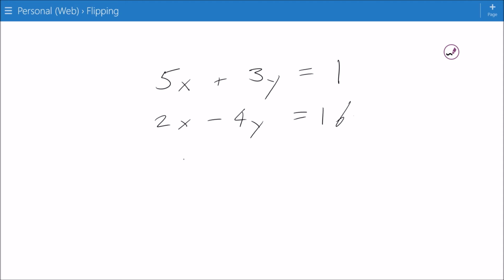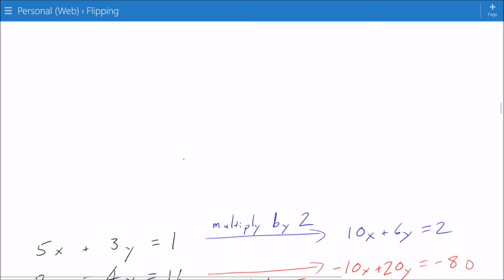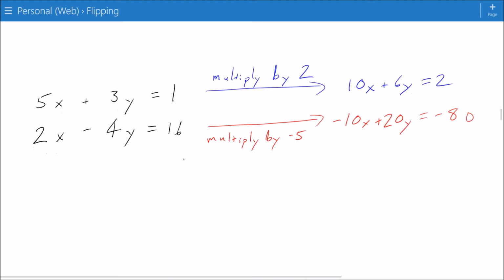So it is fair if I multiply both. That's okay, again, as long as I'm being consistent. Let's take a look. So if I have 5x plus 3y equals 1, I choose to get the 5x and the 2x to cancel each other out.